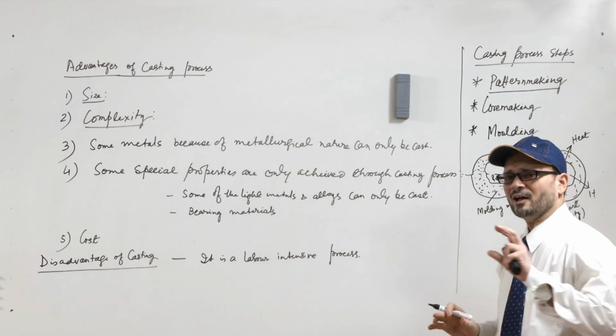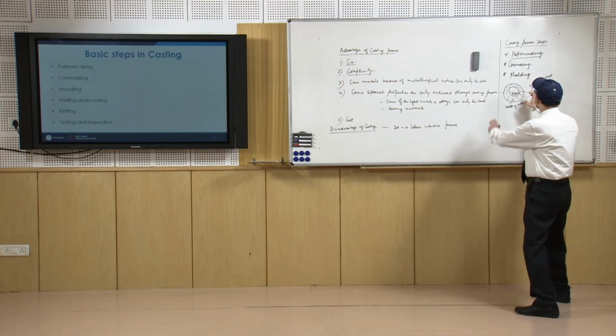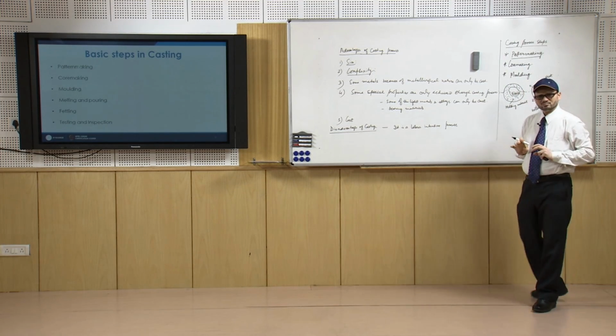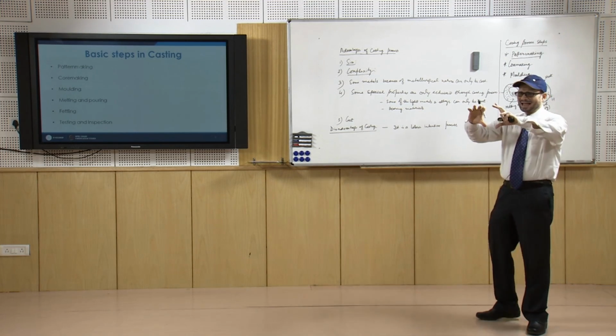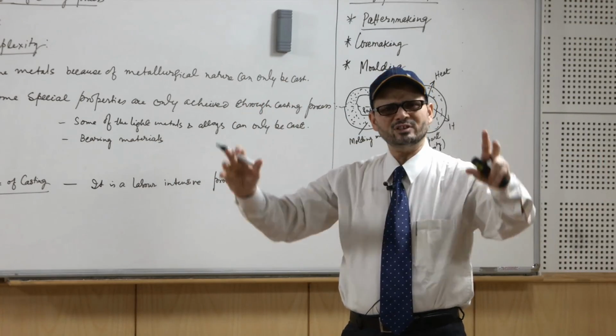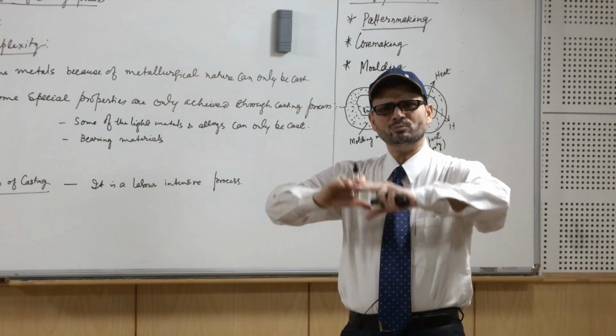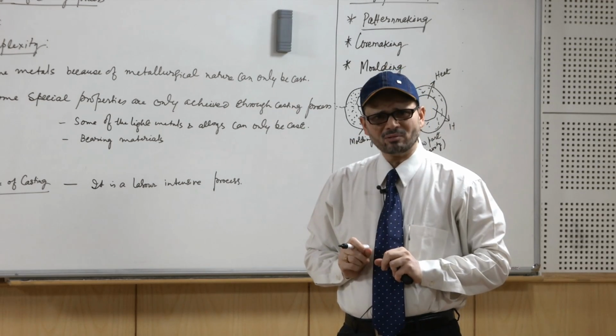So, in the molding shop, what you have to see is how to prepare the mold. The mold has to withstand the weight of the sand by which it is made. The mold has to be shaped in a certain form.